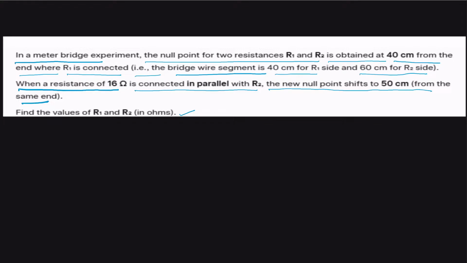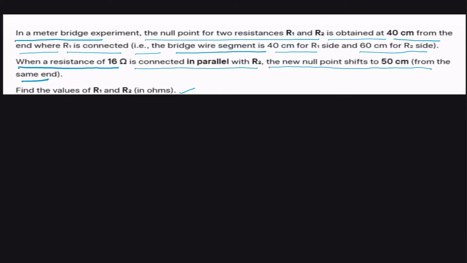So the figure is given to us. We are given this as our R1, and this is our R2, and this is the wire on which we are going to mark the null point, somewhere here, given as 40 cm.